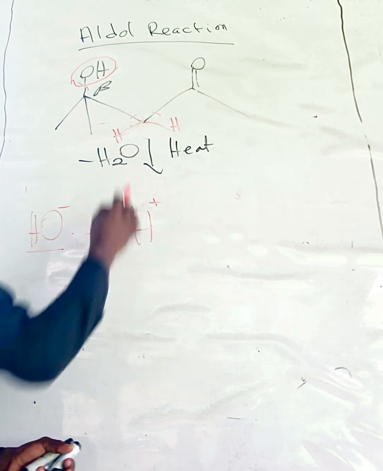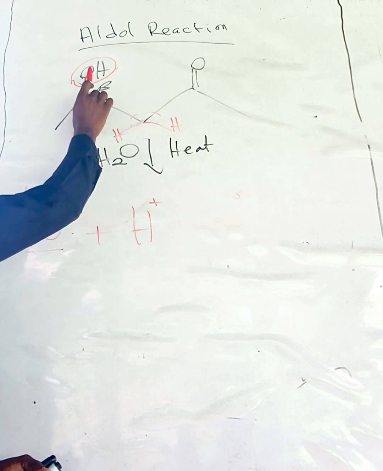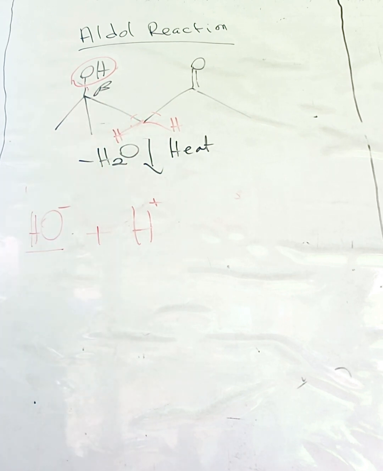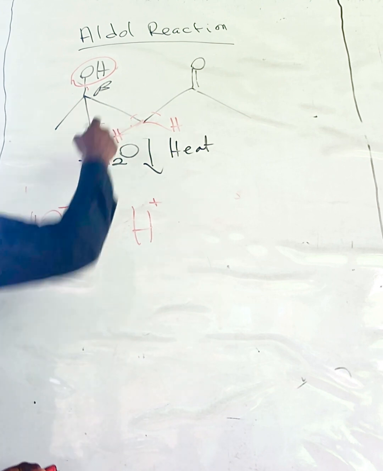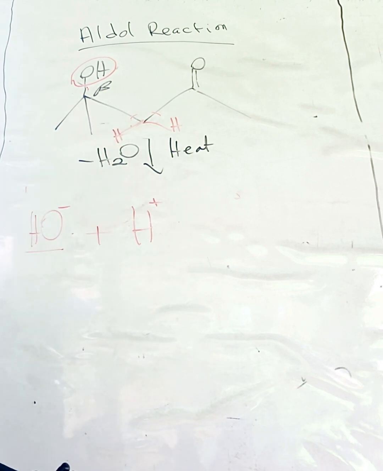So when you abstract any of these hydrogens, in addition to the hydroxyl group, then you form water. And this water, because it's a good leaving group, will leave the system. Once it leaves, you end up having a double bond within the system. You form an alkene, and usually we call it an enone.